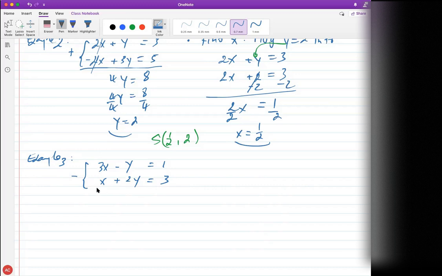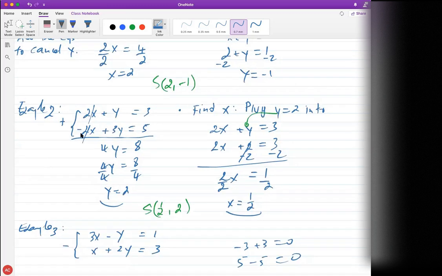So basically, to cancel one of the variables, we have to have the same number here. We have 3 here. We should also have 3 here. Or if you want to cancel the y, if we have positive 2 here, we have to have negative 2. Something to cancel out. For example, negative 3 plus 3 would cancel out, or 5 minus 5 is 0. It has to be the same number next to the variables. Here, for example, we have 2 and negative 2, cancel out.